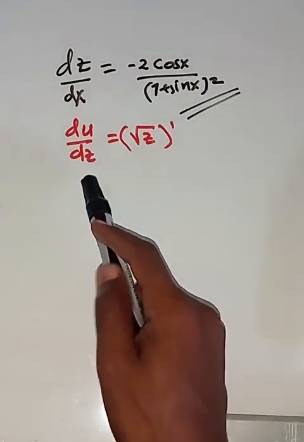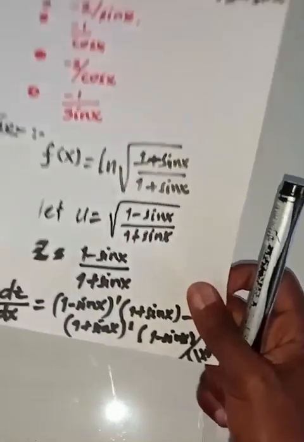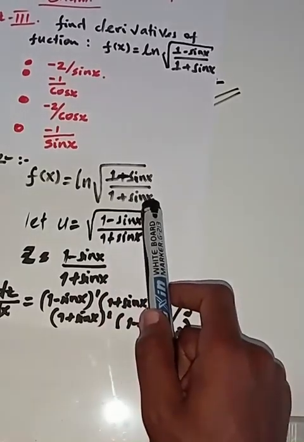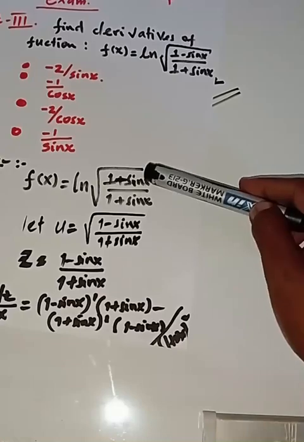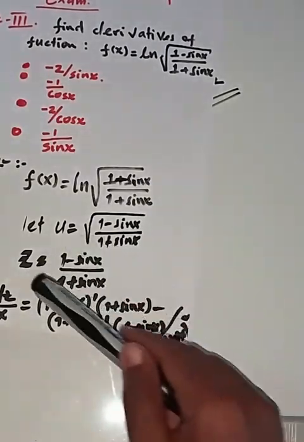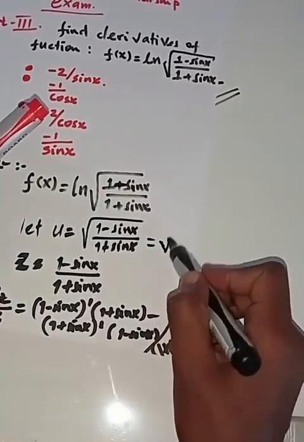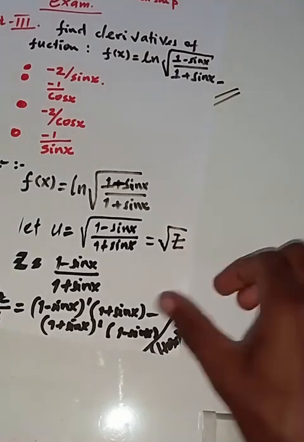Since dz over dx equals negative 2 cos x over 1 plus sine of x the whole square, we now need du over dz. Where did we get this from? In f of x equals ln of the square root of 1 minus sine of x over 1 plus sine of x, we take u as the function in the radical, and then take the function in the radical as z. So u equals the square root of z, and we differentiate.